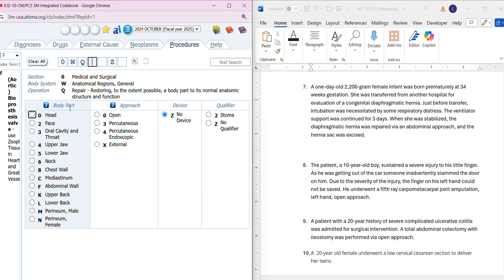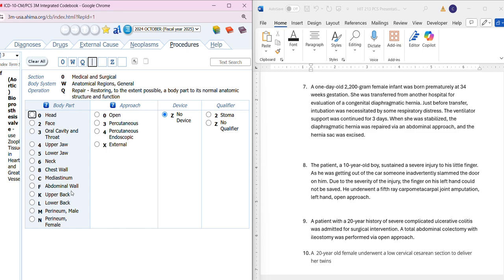All right, and then for the body part, it's going to be F, which is abdominal wall, because that's where a diaphragmatic hernia is in your abdomen.